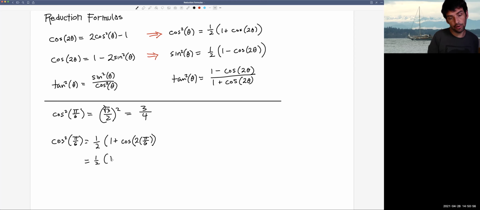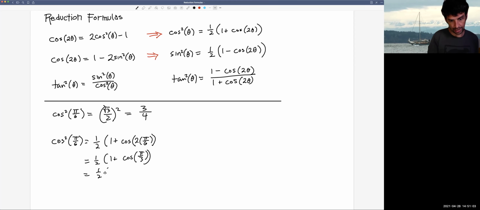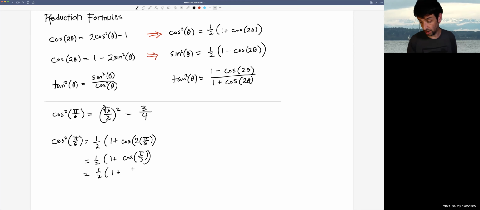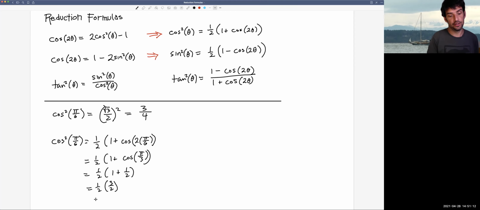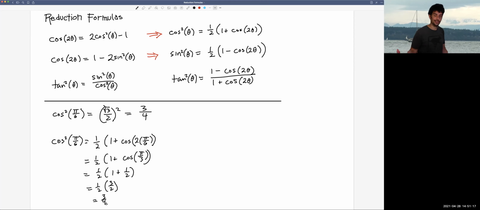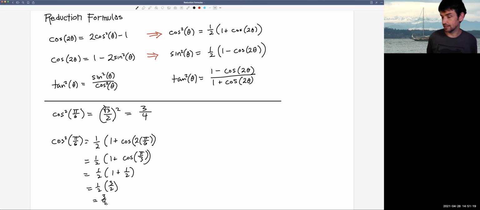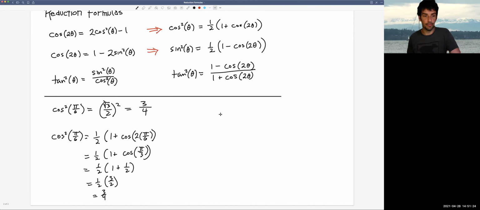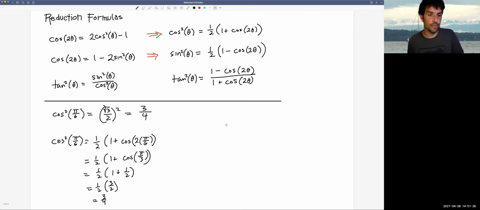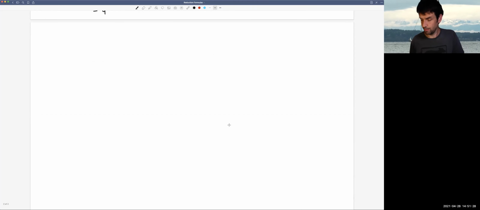That's 1/2 (1 plus cosine of pi over 3), which is 1/2 of (1 plus 1/2), right? Cosine of pi over 3 is 1/2. So that's 1/2 times 3/2, which is 3/4. Obviously this isn't a simpler way to do it. It just gives us some evidence that this is not just some made up manipulation.